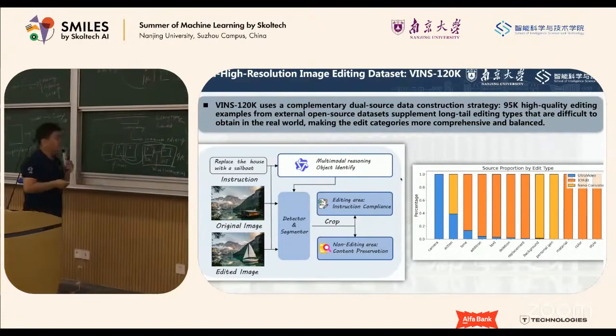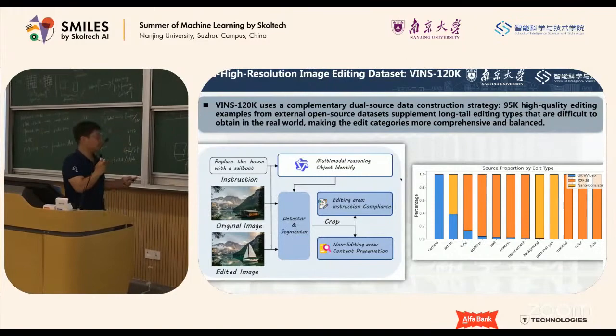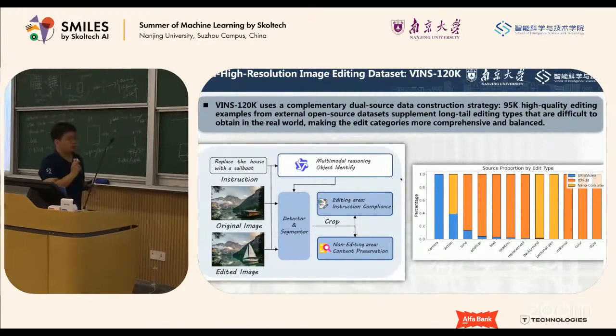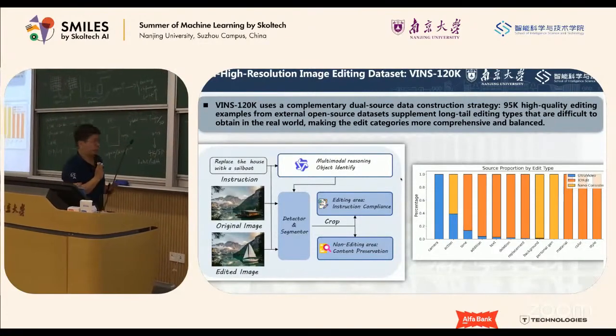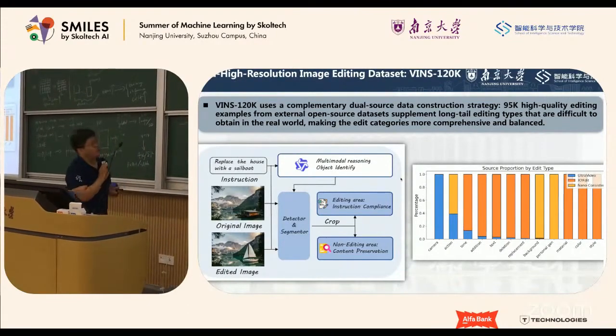So if you use only the real data from the first source, your model for image editing may be quite limited. So we use a complementary dual source data construction strategy from external open datasets.